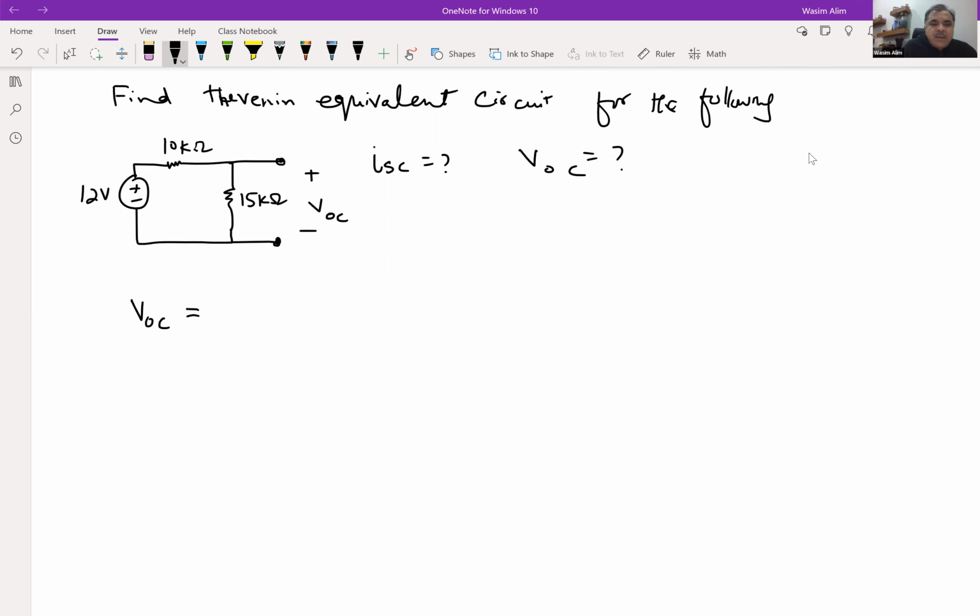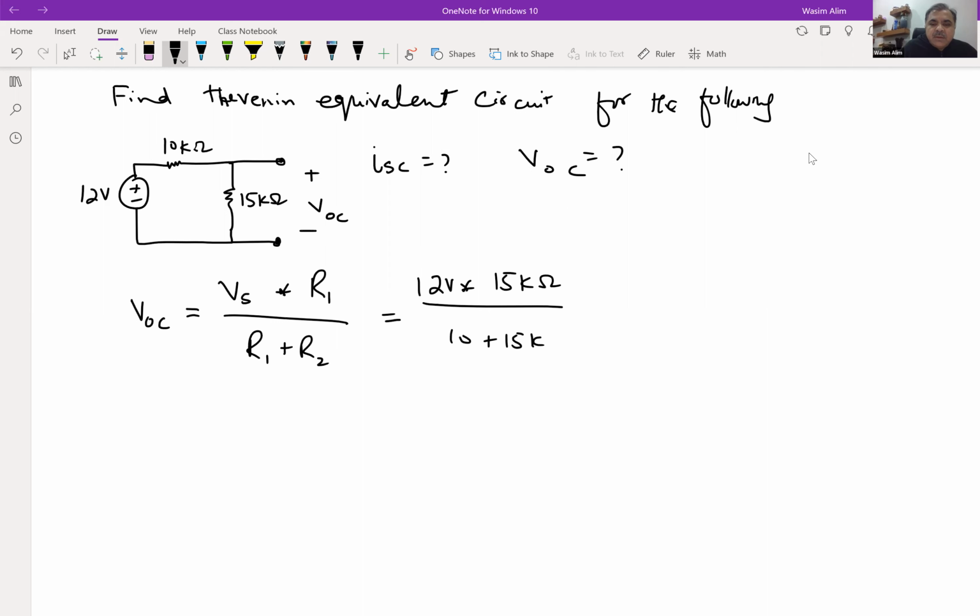So we can then say that the source voltage times the 15 kilo ohm resistor, and let's label them as this, over the equivalent resistance, right? Applying the numbers, we have 12 volts here, and we have 15 kilo ohms, and then we have 10 plus 15 kilo ohms, which is also in kilo ohms.